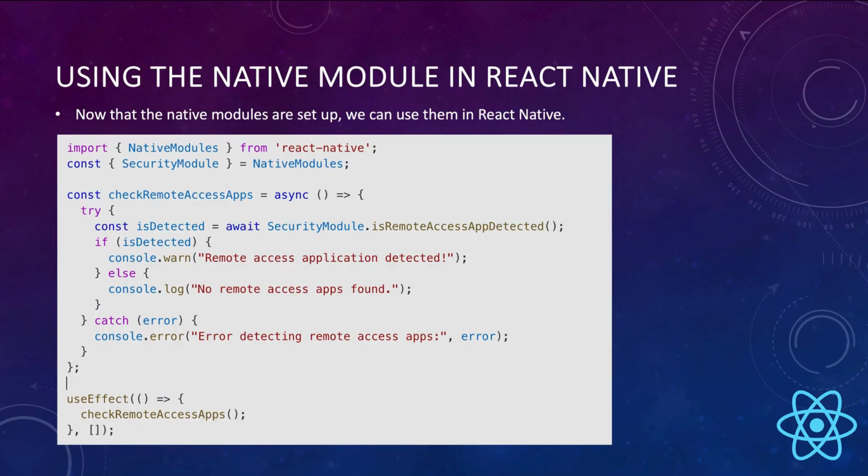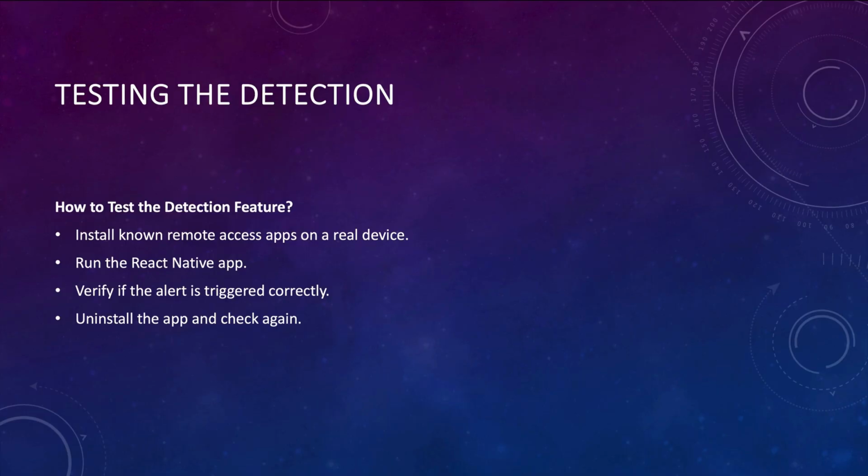And next is the testing part, how we can test this. Just download and install any app like TeamViewer, AnyDesk, or ApowerMirror on your device. Then run this application, and when you launch this application, if the above script runs, then it will automatically detect that this app is installed on your device.